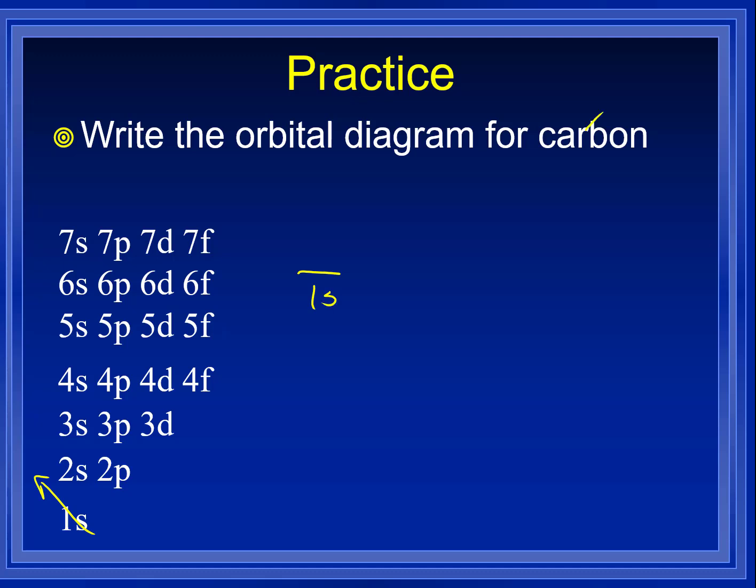And carbon is number 6, so I got to go to 6. So there's my 2 electrons in 1s. That's what I fill up first, 1s. Then my next diagonal line goes through 2s, so I need one line for 2s. And that only gives me 4 electrons, so I'm going to fill it up.